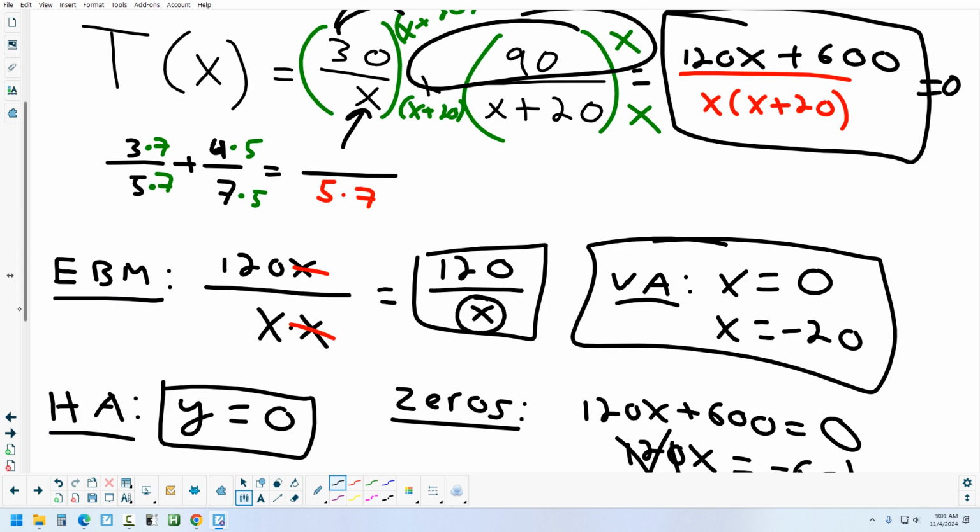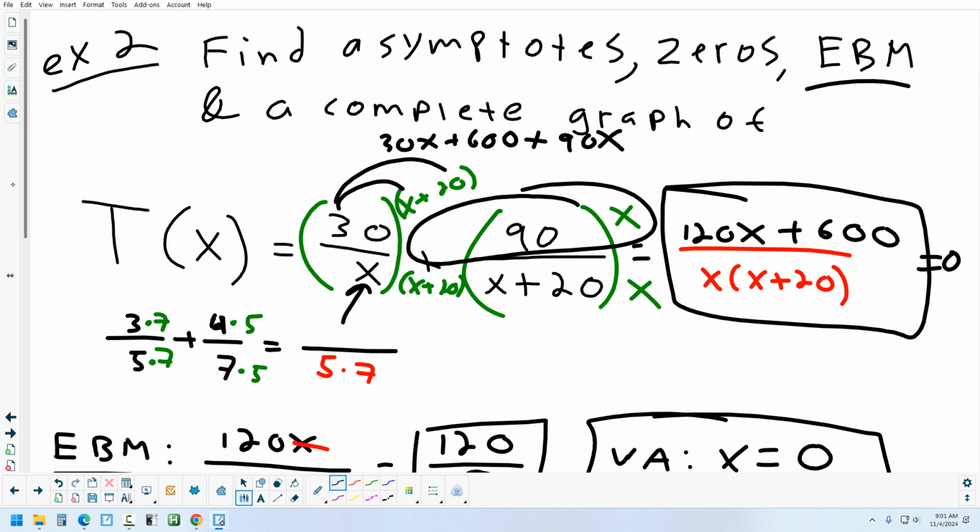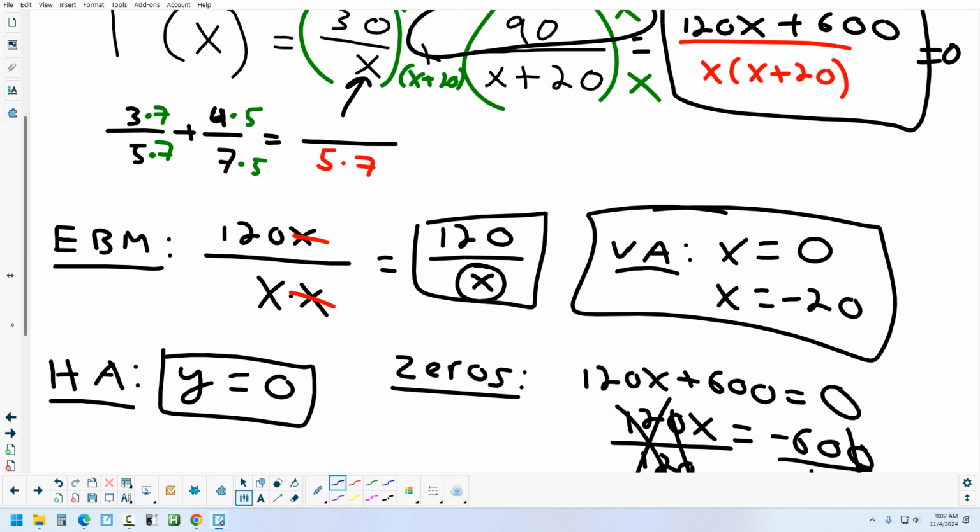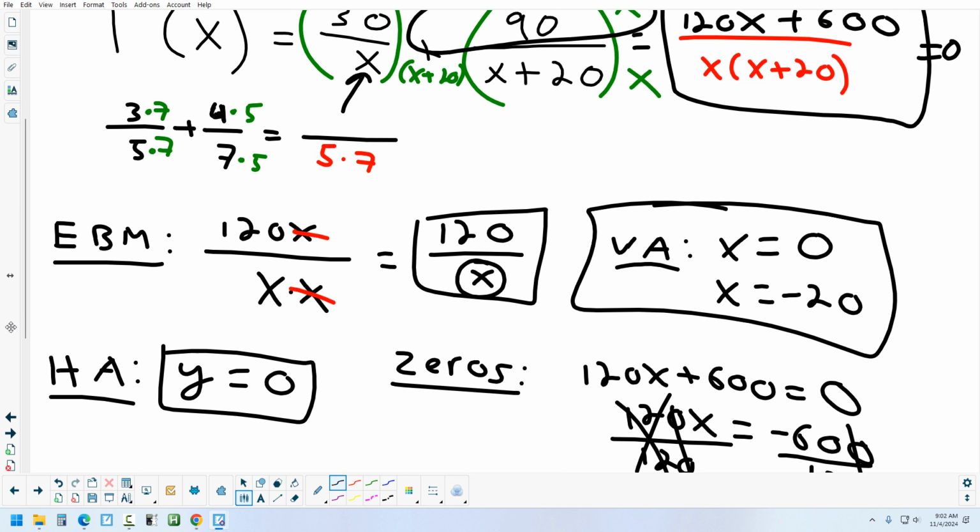All right, so I think that's everything. So let's, last step is just find a complete graph. So keep in mind your vertical asymptote is at negative 20, so I'd probably go back to, let's go a little more, let's go like negative 40, just so we can see the whole graph.